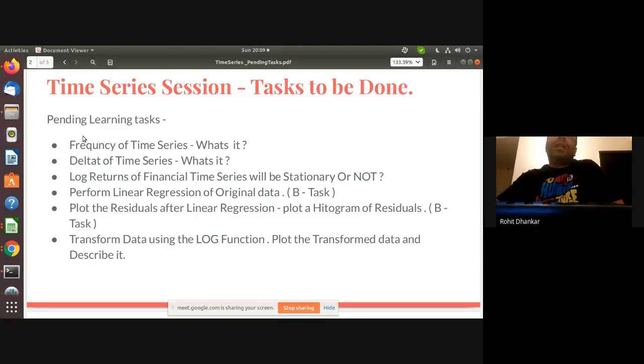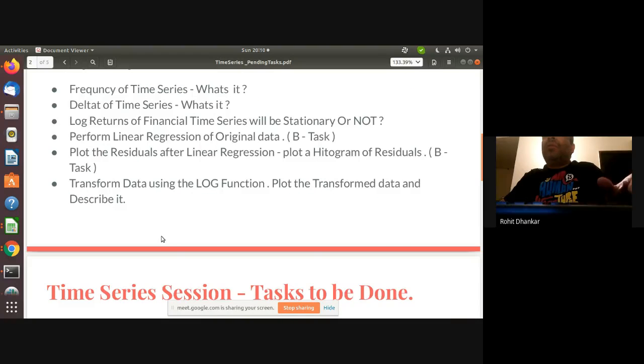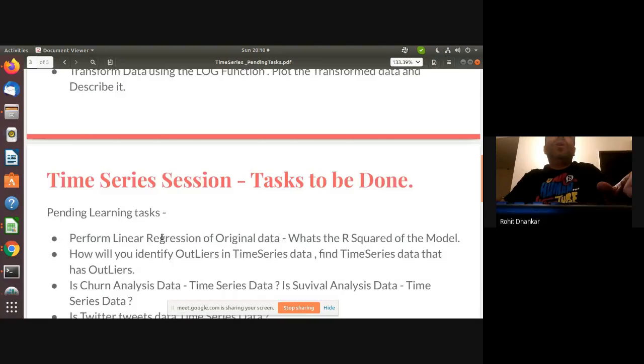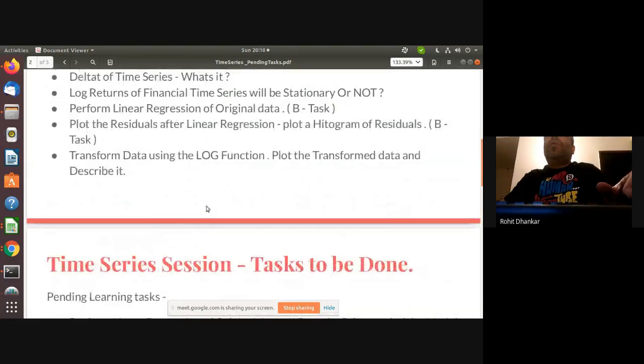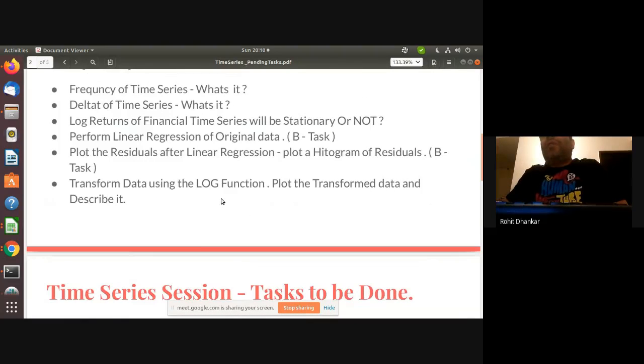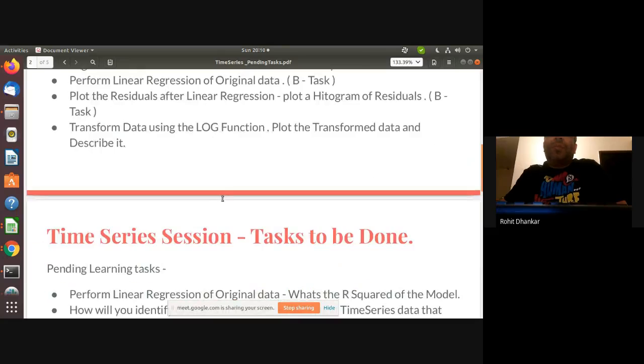That is again a second level task. We'll do that later on. Transform data using the log function, plot the transformed data and describe it. I think Tejas has already done this. I don't know why I put it here, but again, we can have a look at that and try to understand why we want to do a log function on it and why we are doing that transform.